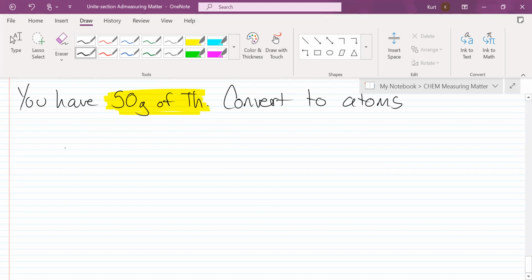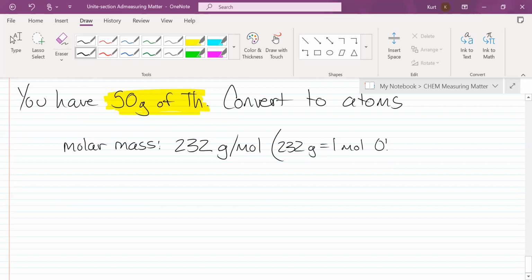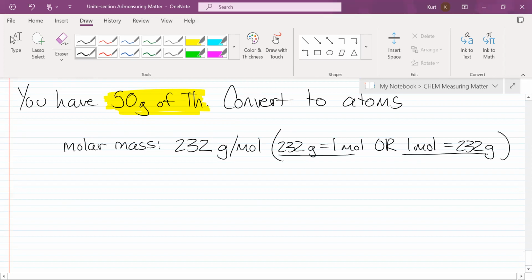Thorium. All right. So for thorium, what is the molar mass? 232 amu. Okay. So we're going to say 232 grams per mole. You can think of that as 232 grams equals 1 mole, or 1 mole equals 232 grams. Remember that you can use either one.